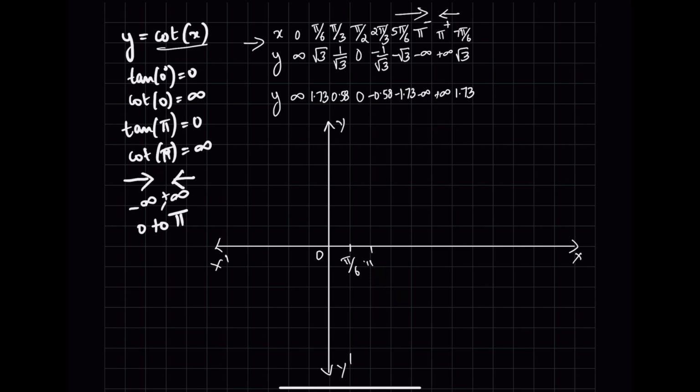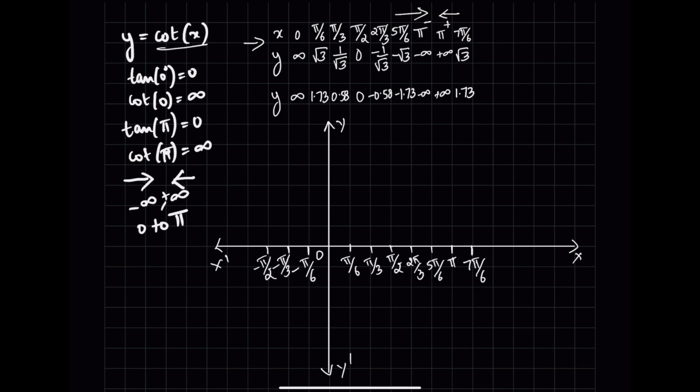So pi by 6, pi by 3, pi by 2, 2 pi by 3, 5 pi by 6, pi, 7 pi by 6. In the same way on the negative side, minus pi by 6, minus pi by 3, and minus pi by 2.